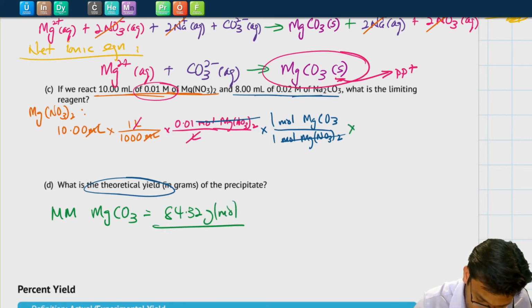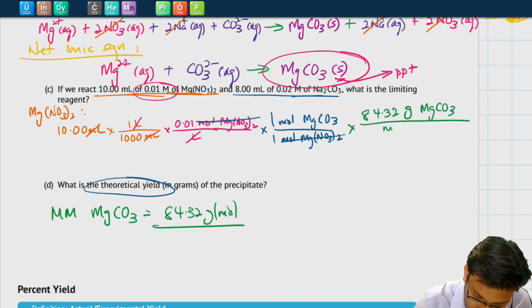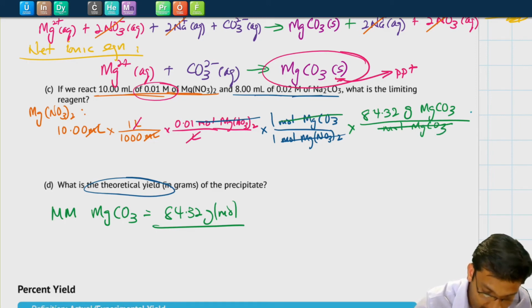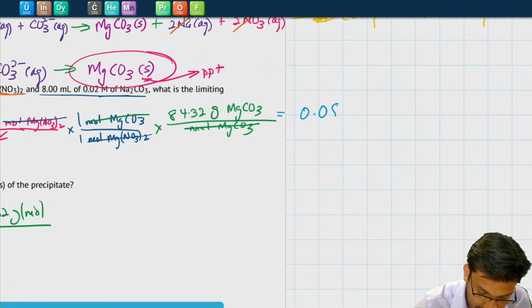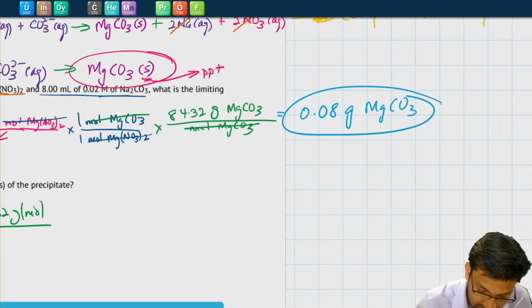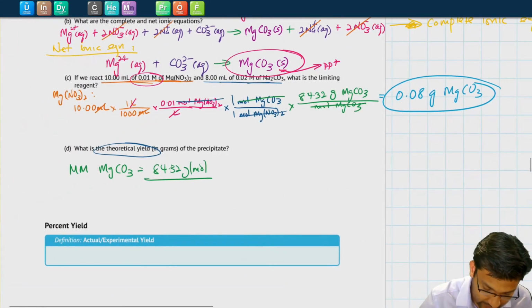So we multiply by 84.32 grams of magnesium carbonate over moles of magnesium carbonate. And if we plug all of these into our calculator, we should get 0.08 grams of magnesium carbonate. I'll circle that. I'll come back to it later.